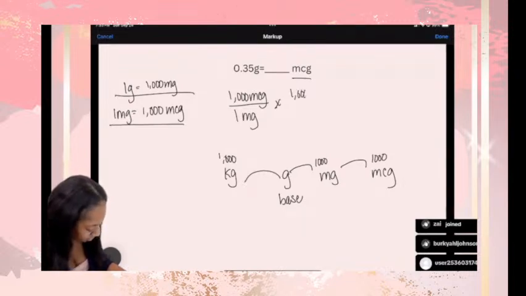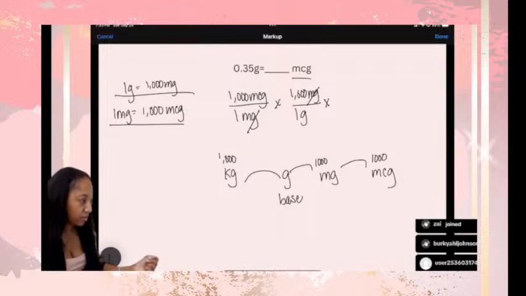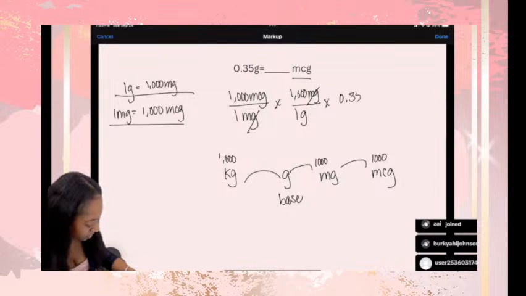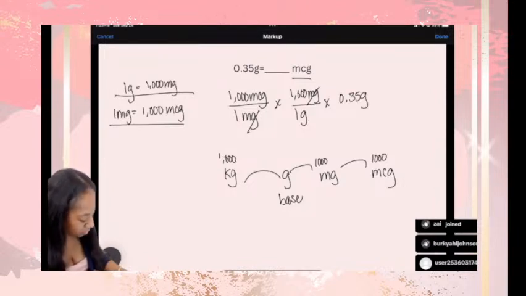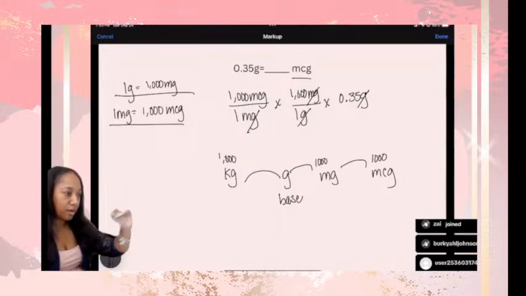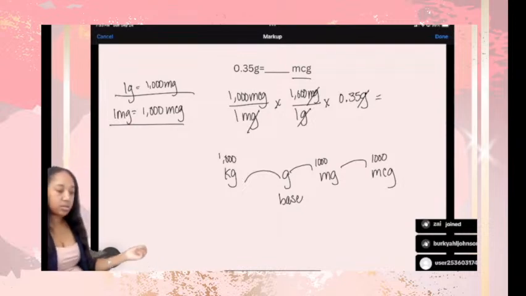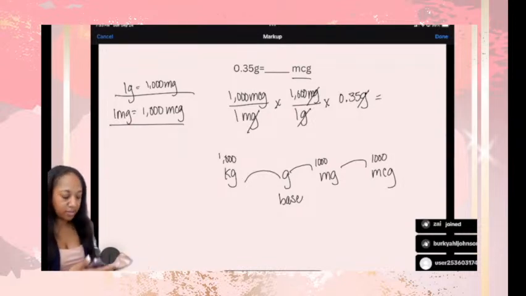So 1,000 milligrams over 1 gram, cross out. Now we have our grams, so we can put the grams at the top: 0.35 grams. So grams have crossed out. Everything on the bottom has crossed out with what's on the top. Now you can multiply across the top, multiply across the bottom, and divide.